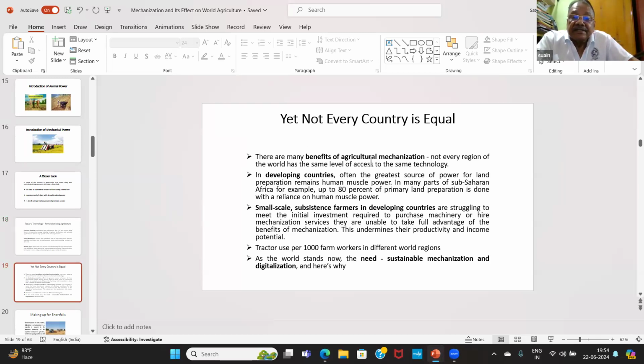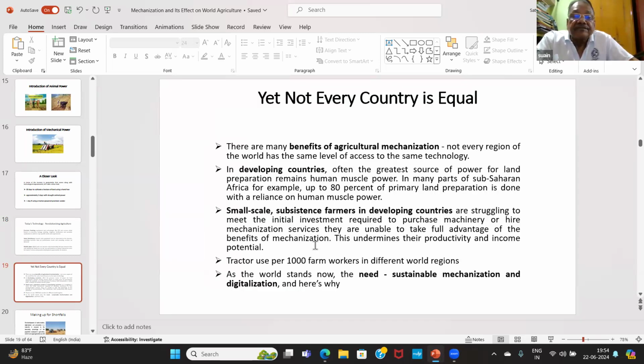Then all these things are available, starting from the human labor to drone, but not equal in each country. So that is why you see there is a lot of variation all over the world. Like developing countries, often the greatest source of power is manual.